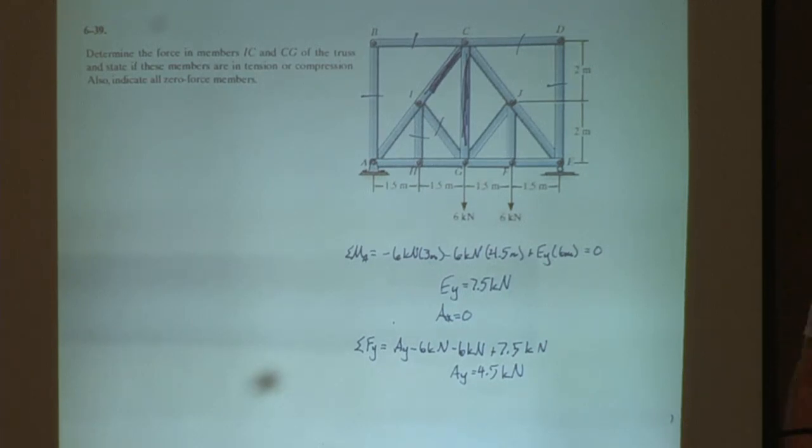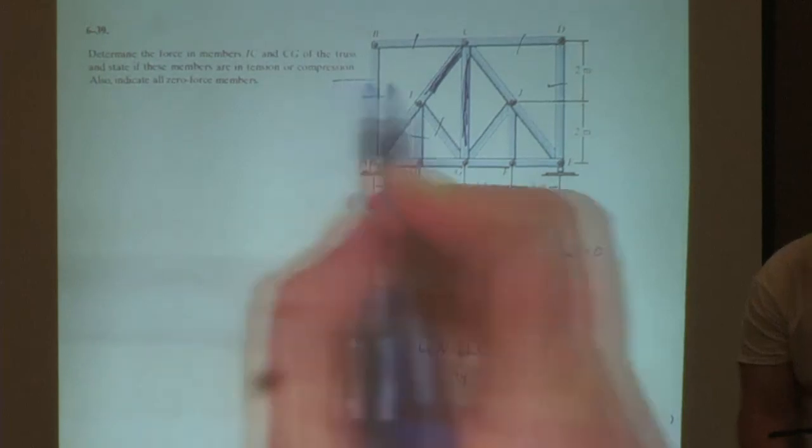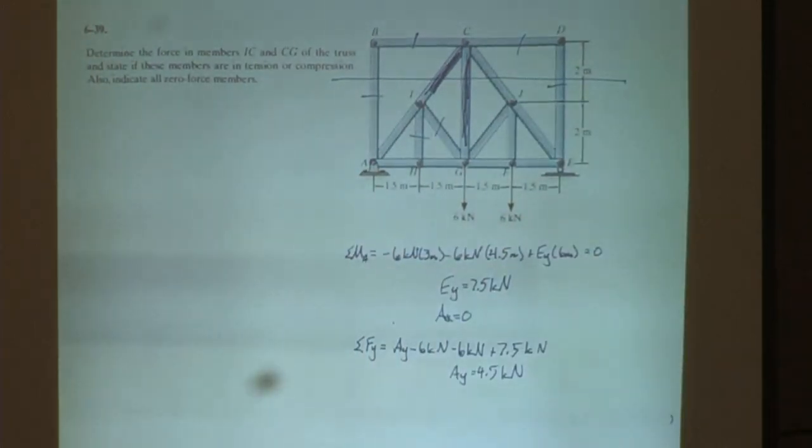We can do sections. How many unknowns? Or where would we cut it? Just horizontally, like this? We can cut it horizontally like that. And how many unknowns do we have? We would have 3 unknowns, and we have 3 equations to solve, right?